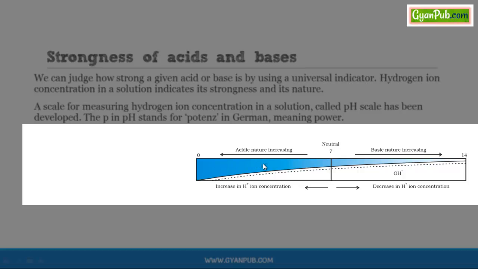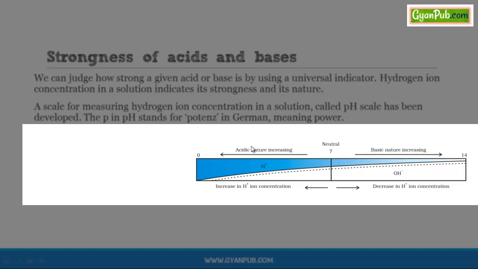Acids produce more H+ ions in water. As the H+ ion concentration is high, it is very acidic at 0. And if the pH value is 14, the OH- ion concentration is very high. So at pH equal to 14, the substance is very alkaline.